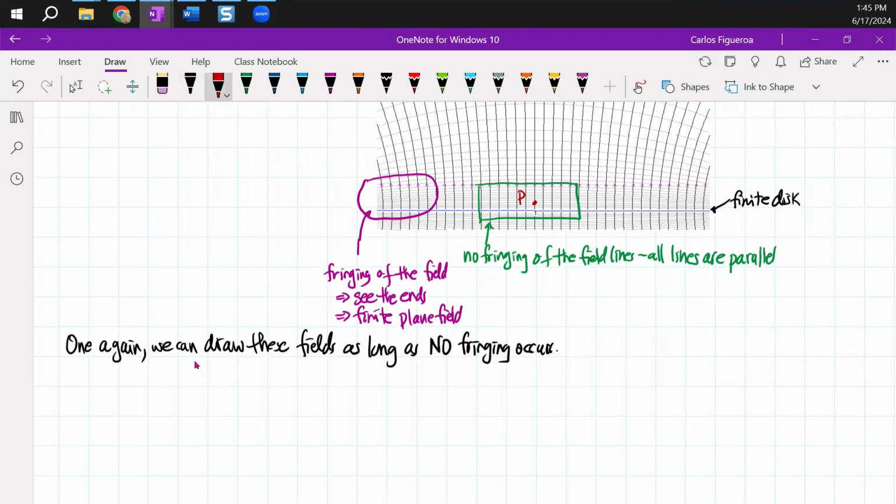So if I pick a small plate, let's say that I have a plate like this, and I'm looking at this plate.